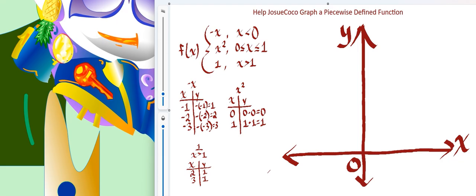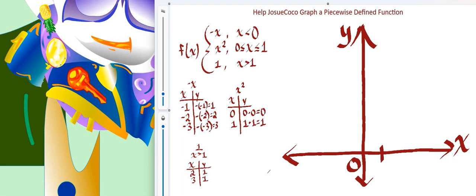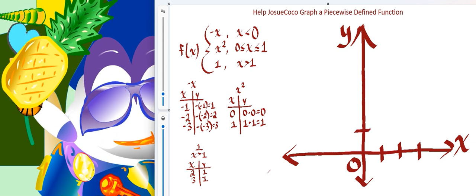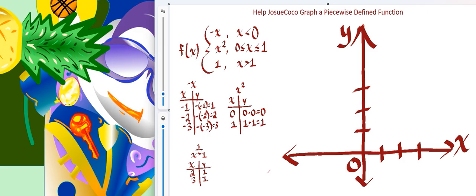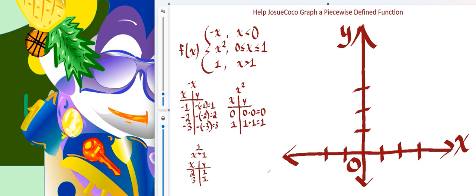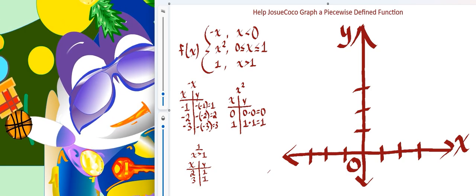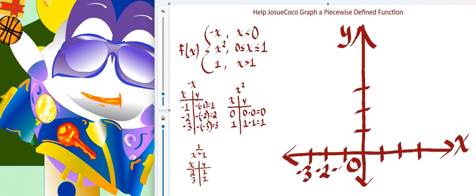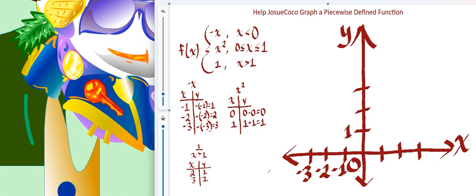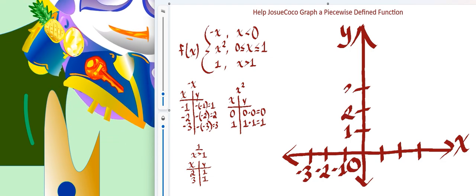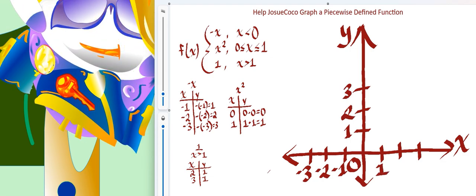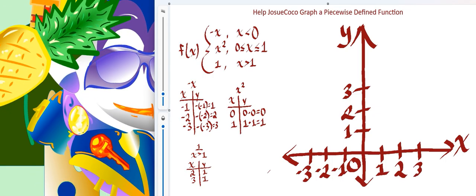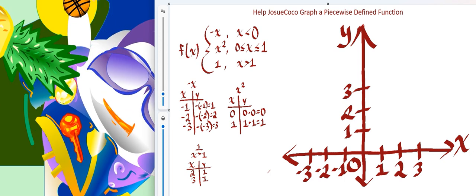Let's have a few values here, the origin. On the left side of our x-axis, we're going to have -3, -2, and -1. On our y-axis, we'll move upward 1, 2, 3, and on the right side of the origin, x goes +1, 2, and 3.